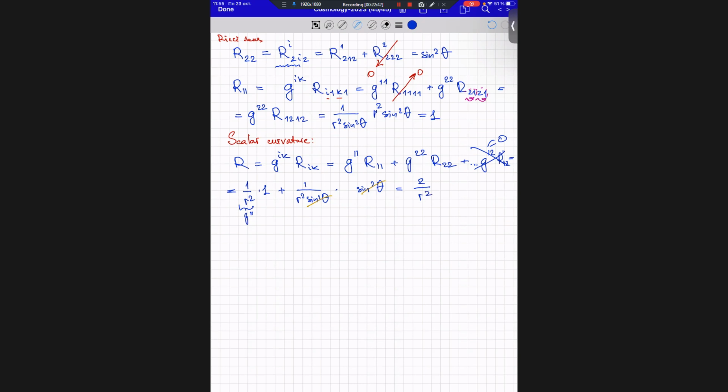So finally we obtained that the scalar curvature is equal to 2 divided by r squared.